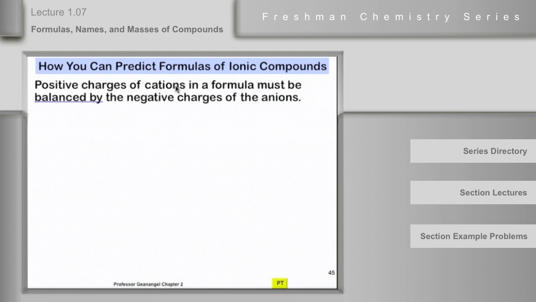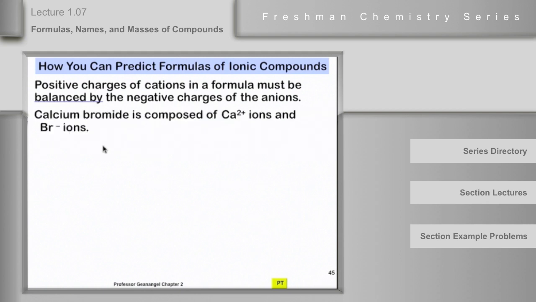So, the positive charges of the cations in a formula must be exactly balanced by the negative charges of the anions. So we have to take into account how much charge each cation has and how much charge each anion has to know the number of cations and the number of anions here.